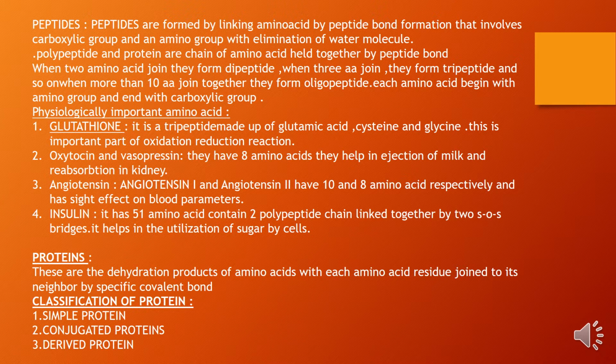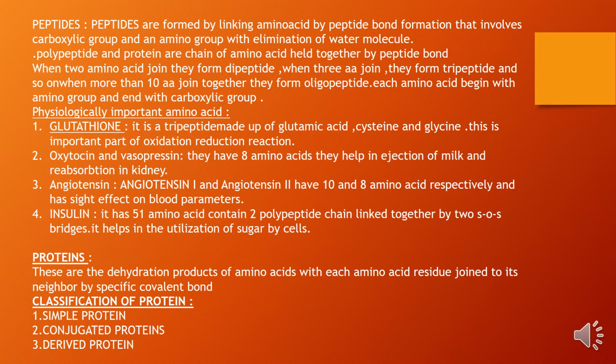Physiologically important peptides are glutathione. It is a tripeptide made up of glutamic acid, cysteine, and glycine. This is an important part of oxidation reduction reactions. Oxytocin and vasopressin have 8 amino acids and help in ejection of milk and reabsorption in the kidney.